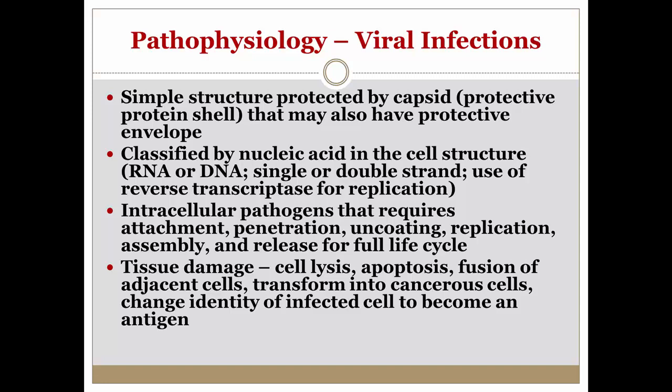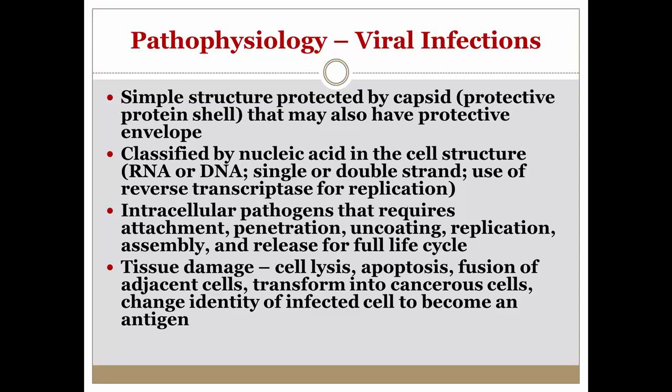So a virus replicates within the infected cell, and the life cycle of this virus is completely inside the cell. So you have an intracellular pathogen that has to be able to attach, penetrate, uncoat, replicate, reassemble, and then be released for its full life cycle.